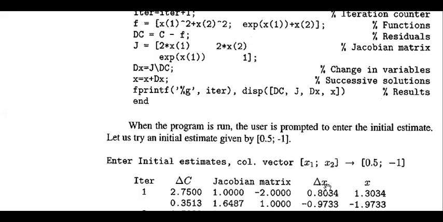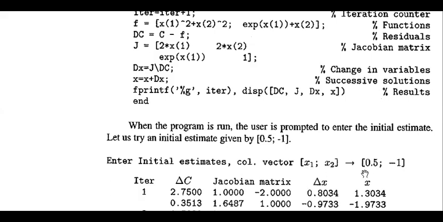So del x you have in your hand, and you have started your journey from where? This point, right? 0.5 and -1. That one you have to write column wise. Okay, x1 and x2 in column wise, 0.5 and -1, and this one will be plus del x.